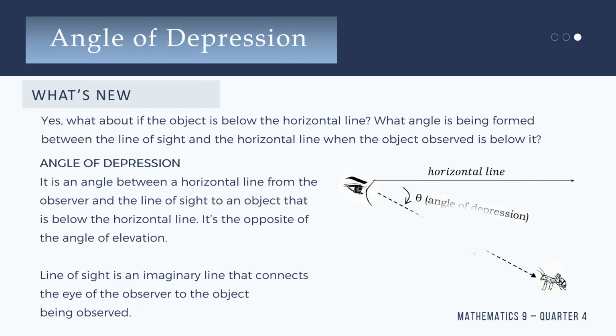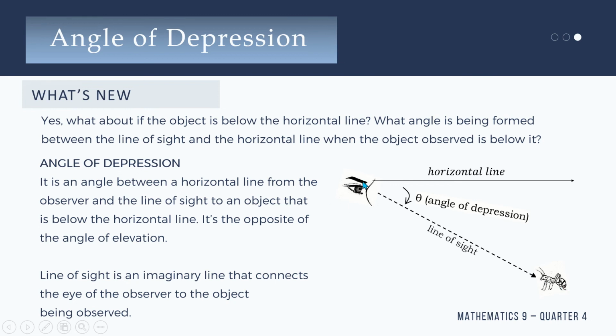Let us try to see the figure on the right side. So, the line of sight is going downward. The observer is possibly a person standing, and what they are looking at is on the ground.